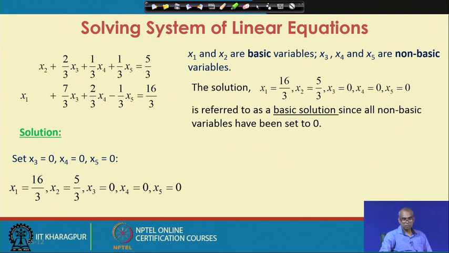The solution that we have obtained by setting non-basic variables to 0, that is x 1 equal to 16 by 3, x 2 equal to 5 by 3, x 3 equal to 0, x 4 equal to 0, x 5 equal to 0, is referred to as a basic solution, since all non-basic variables have been set to 0.